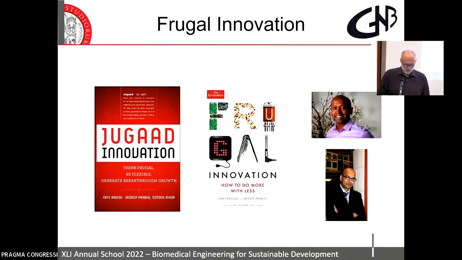It was followed a couple of years ago by Frugal Innovation. The first one is more specifically devoted to low resource settings. The second one proposes this approach also everywhere, let's say, in the world. And by the same authors, Navi Radjou and Jaideep Prabhu.